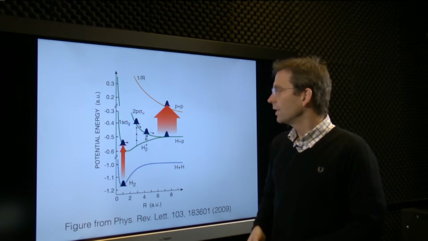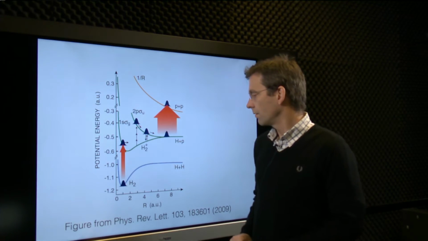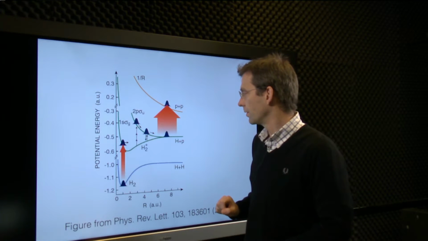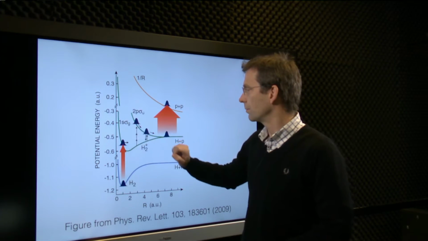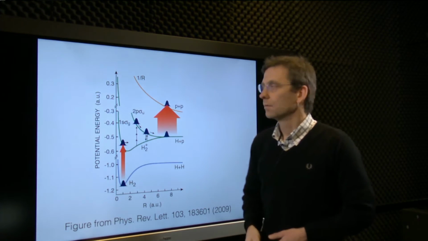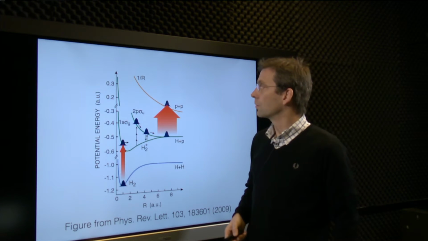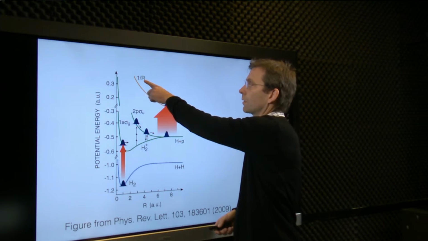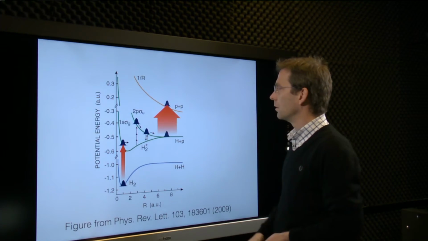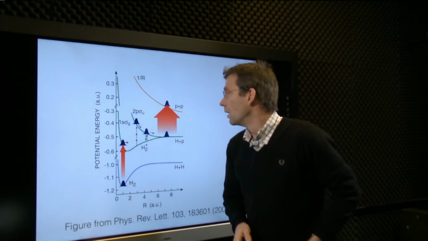And what you see here is a blue curve for the neutral system, 2 green curves for the cationic system, the one is sigma g and the 2p sigma u state, and an orange curve giving the Coulomb repulsion 1 over capital R between the two protons.